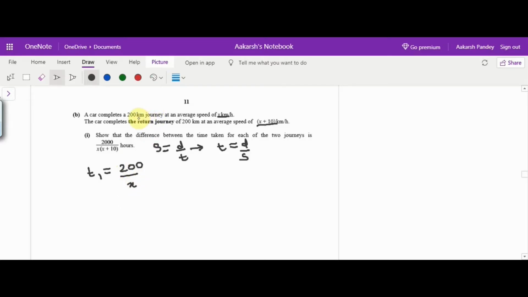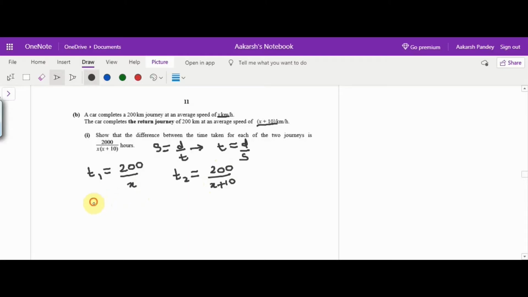Notice that everything is in kilometers or kilometers per hour, so my time I'll get in hours. And t2 is the time taken while returning. While returning, the distance was again 200, but this time the speed was x plus 10, because here I have only x in the denominator, so my overall term will be greater.